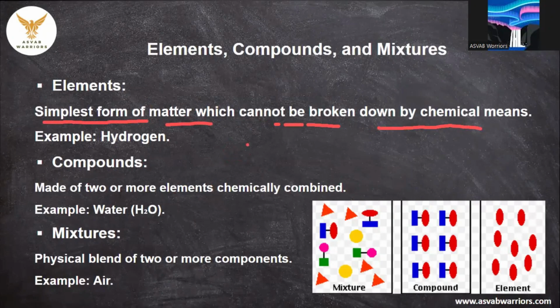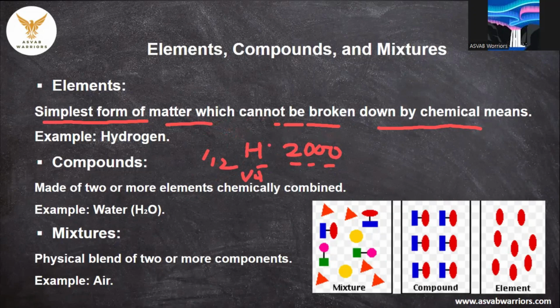If I take the element hydrogen, whether it has 2000 atoms in that particular space, chemically each of these 2000 hydrogen atoms is the same. They are not broken down again into simpler parts. We cannot do half of hydrogen or 1/4 of hydrogen, or it will not give rise to any other material.